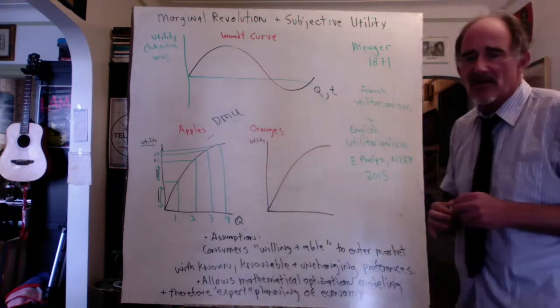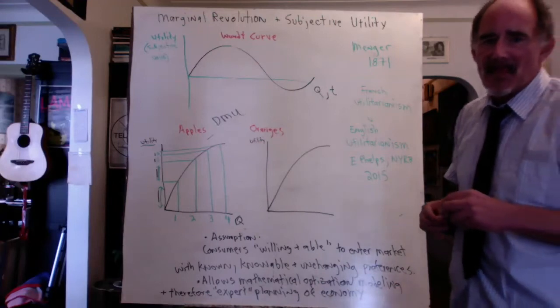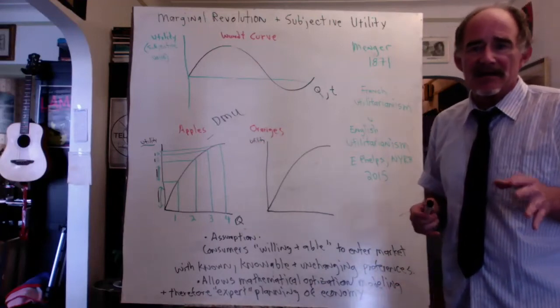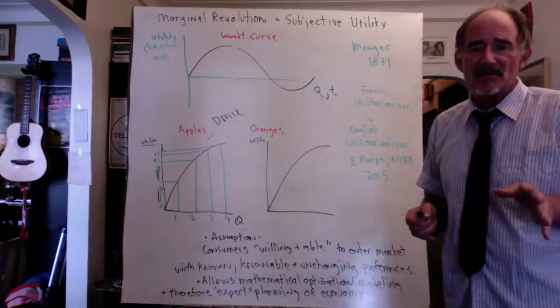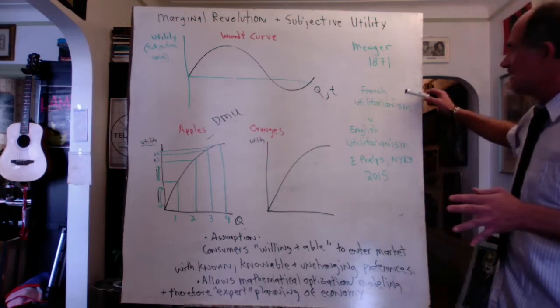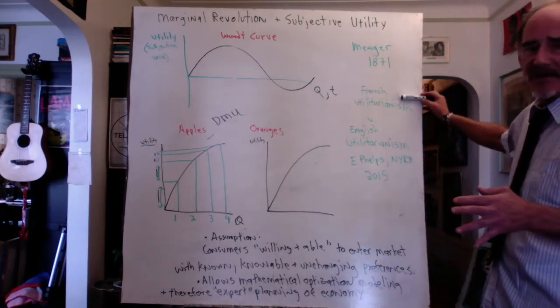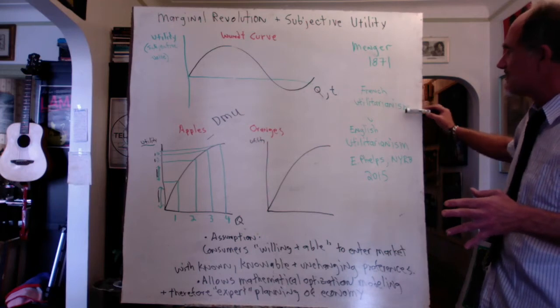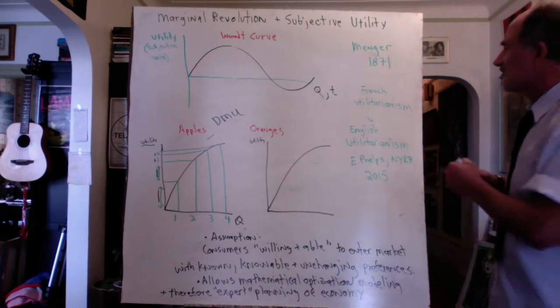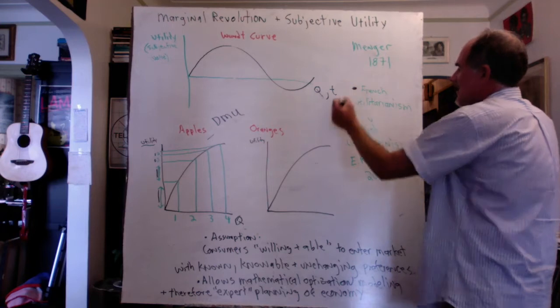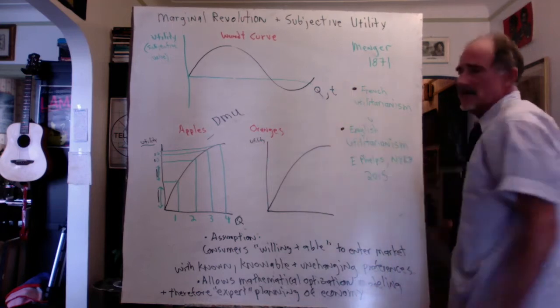What I should note is that Menger was a continental philosopher from Austria. So his idea behind utilitarianism, this says French utilitarianism. Menger was more of a French utilitarian than an English utilitarian.